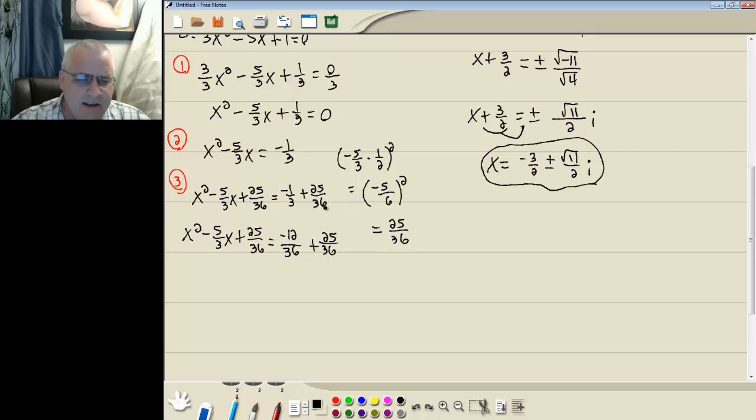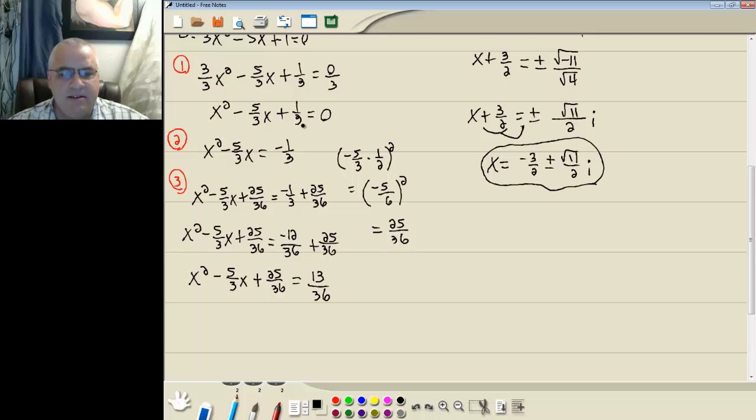Okay, so let's add those together now. We got x squared minus 5/3 x plus 25 over 36 equals, since these have the same denominator, I can add or subtract top parts. Negative 12 plus 25 gives us 13/36. Okay, let me show you the easy way now, using the calculator: negative 1/3 plus 25/36.